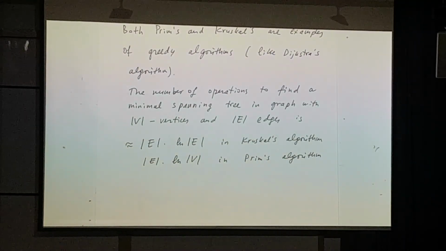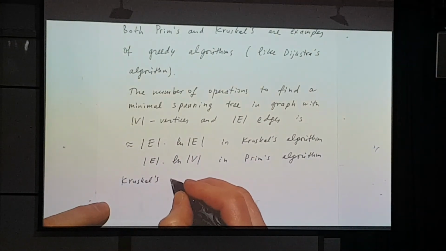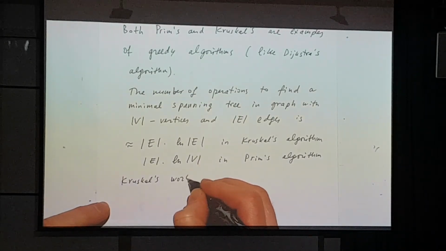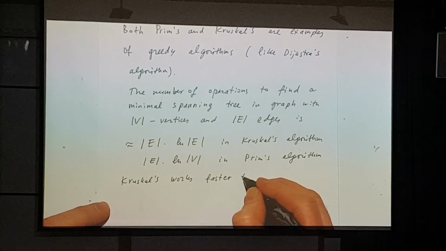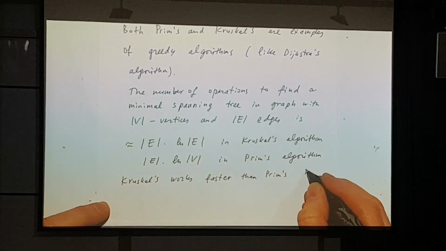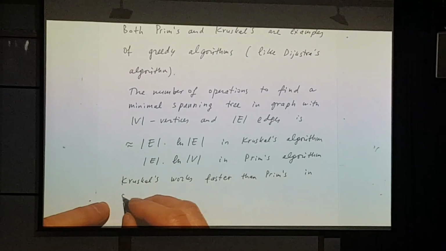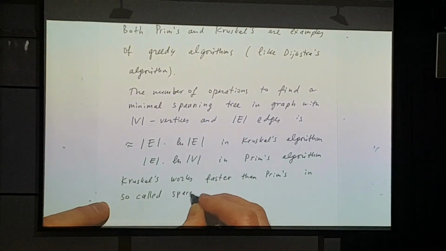So Kruskal's would work faster for what is called sparse graphs, for which there are lots of vertices and few edges. So Kruskal's works faster than Prim's in so-called sparse graphs.